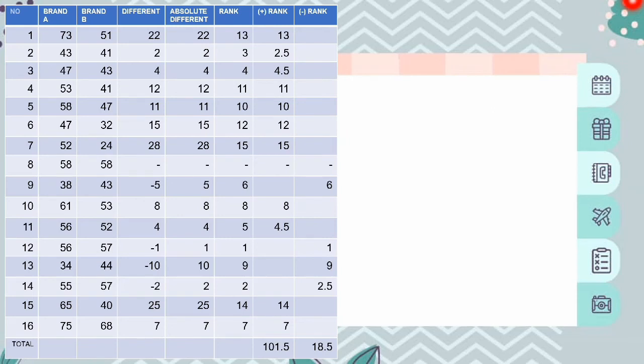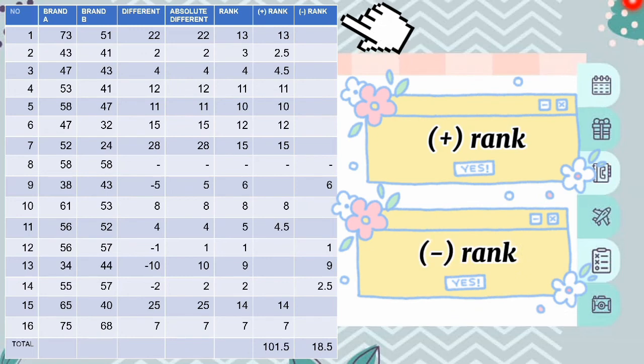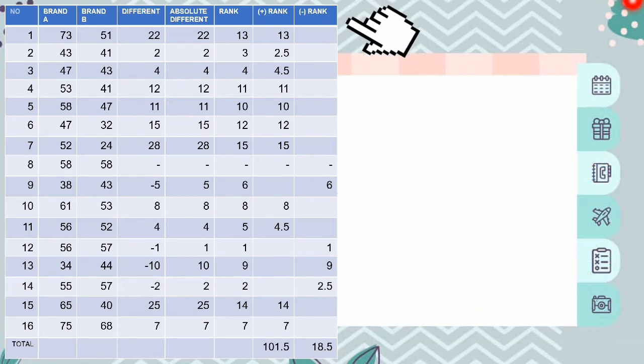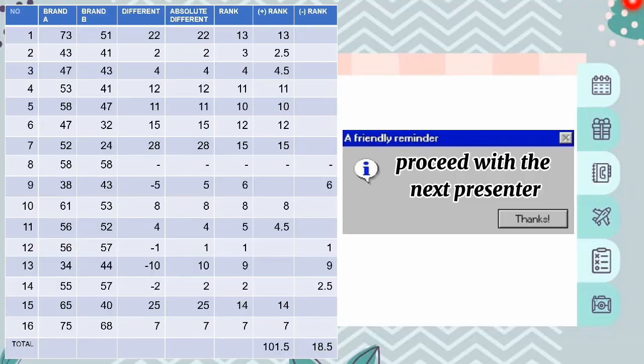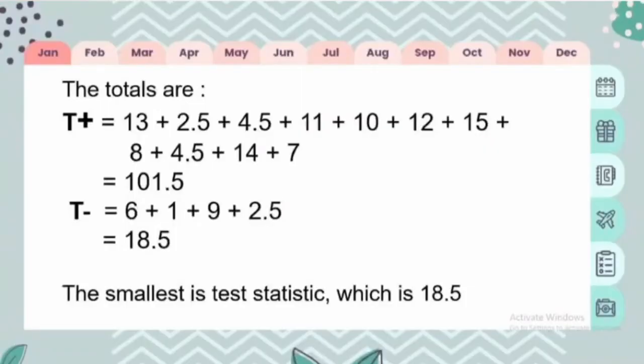After that, arrange them into two groups, positive and negative. For example, if they have a negative sign, put them in the negative rank column. The same goes for the positive rank. Then calculate the totals. For T positive, we sum all the ranks with a positive sign, and the total we get is 101.5.